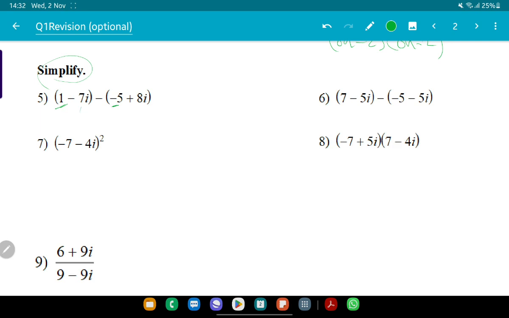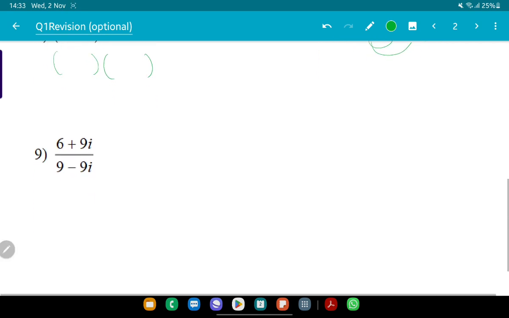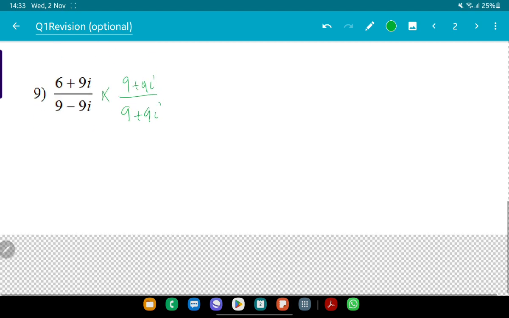Combine like terms, real with real and imaginary with imaginary. For this one, duplicate this bracket and multiply like this one, FOIL, to get the answer. Here the first step is to write 9 plus 9i, 9 plus 9i, then multiply as we did for each lesson. Multiply by FOIL.